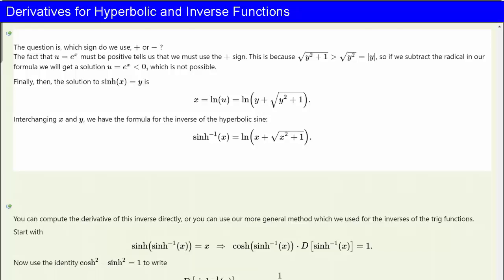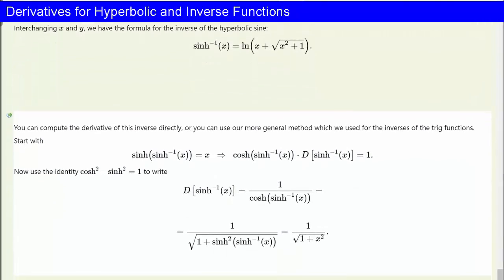Finally then, the solution to sinh x equals y is x equals the logarithm of u, which turned out to be y plus the square root of y squared plus 1. Interchanging the symbols x and y, we have the formula for the inverse of the hyperbolic sine. The inverse hyperbolic sine of x is the log of x plus the square root of x squared plus 1.